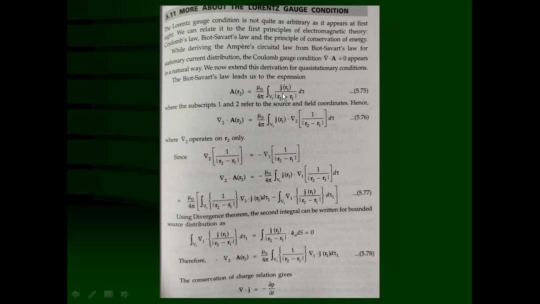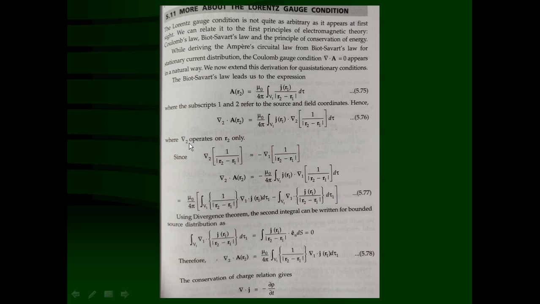On this side, J of R1 comes outside, dot del 2 of 1 upon modulus of R2 minus R1. If del 2 operates on a scalar quantity, then it is a gradient, so you get the gradient del 2 of the scalar quantity 1 upon modulus of R2 minus R1, d tau 1. So when equation 5.75 is operated with del 2 on both sides, you get equation 5.76.